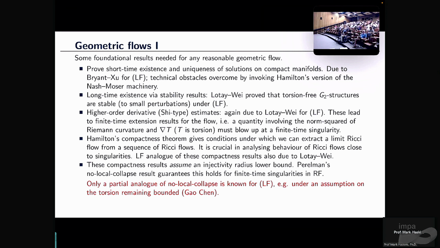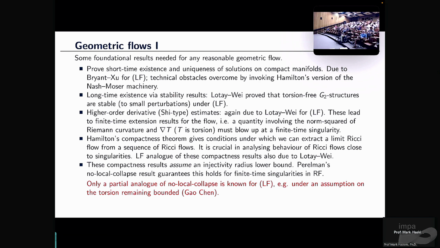But happily, in the Ricci flow case, after Perelman proved the no local collapse result, this injectivity radius lower bound is something that will be automatic for finite time singularities in Ricci flow.